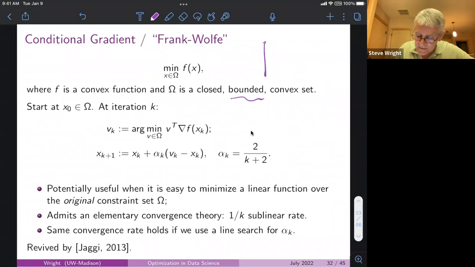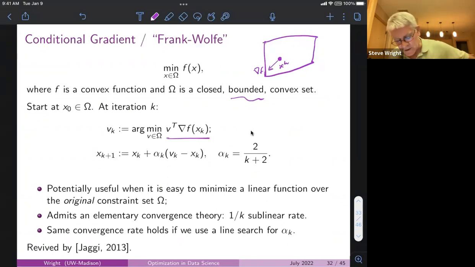So the idea is, let's suppose this is my set. I'll just pick some weird looking convex set here. The idea is that at your point xk, you just look at which direction the gradient is pointing in. So let's suppose the gradient's going in this direction. And you just minimize a linear function using that gradient over the original set omega.